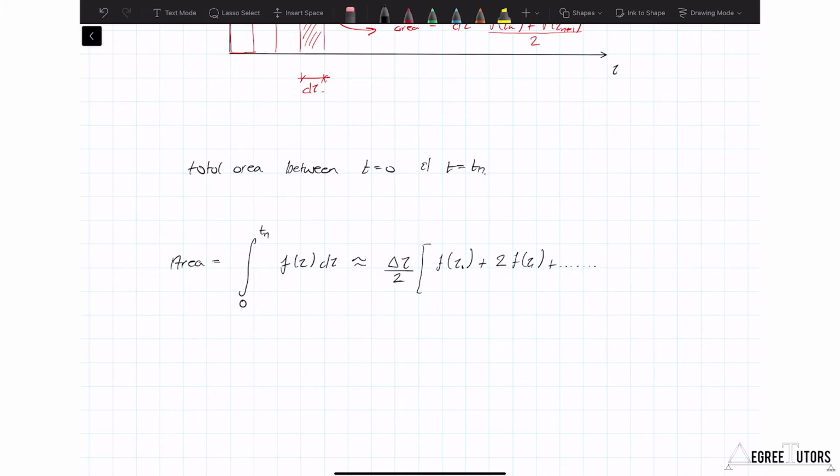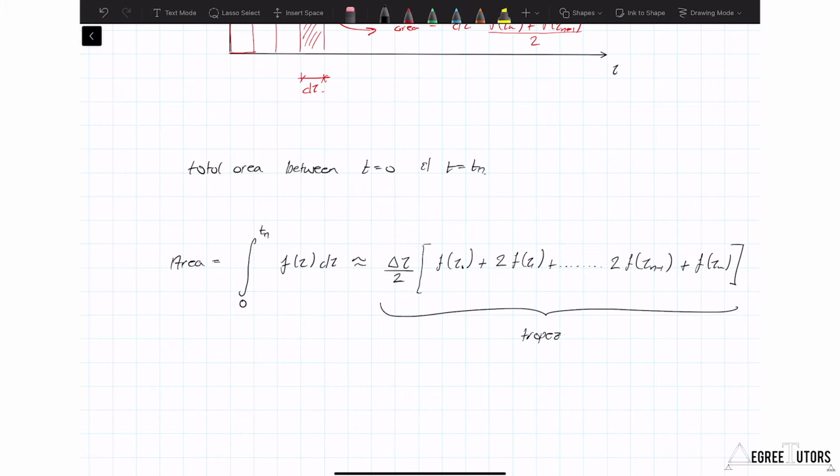And it's the same for all of the in-between values up until I get to 2 times the value of the function at tau n minus 1, and then the last value is only multiplied by 1, right? So plus the value of the function at tau n. And essentially, that there is the trapezoidal rule.